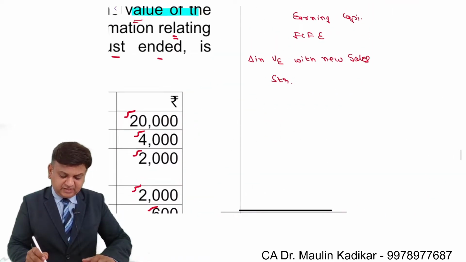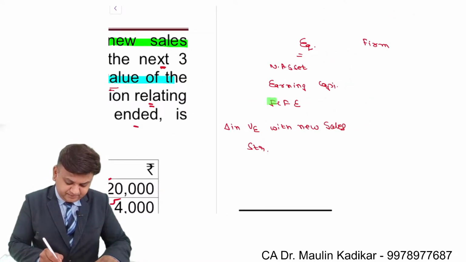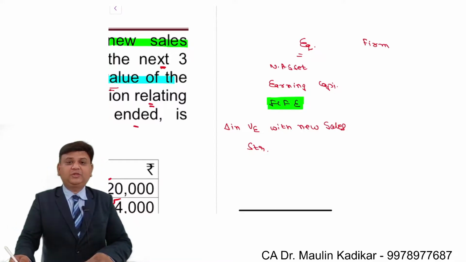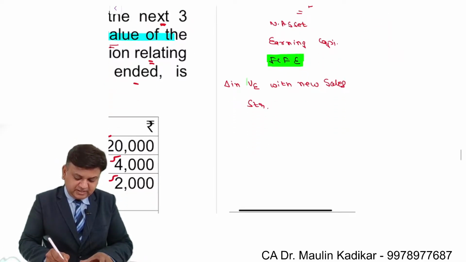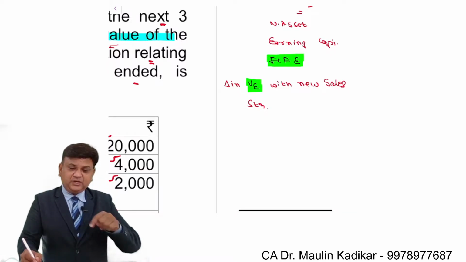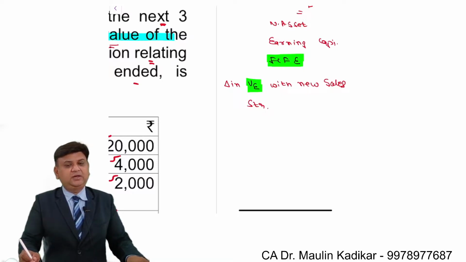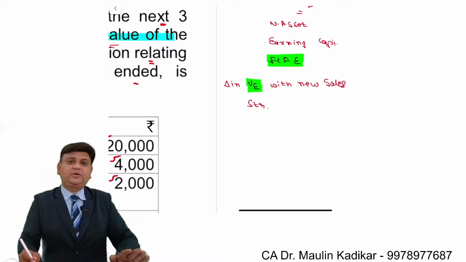So we are required to make the calculation of free cash flow for equity, and based on that we are required to compute the value of the equity. Over here we understand that we are required to compute the value of the equity with new sales strategy and again value of the equity if at all the new sales strategy is not adopted.